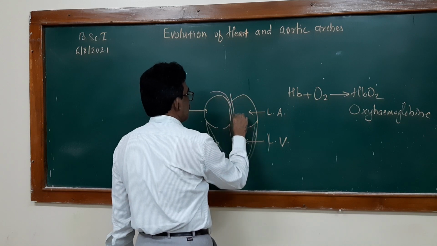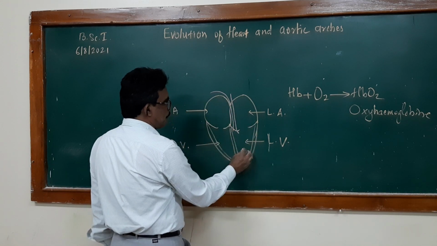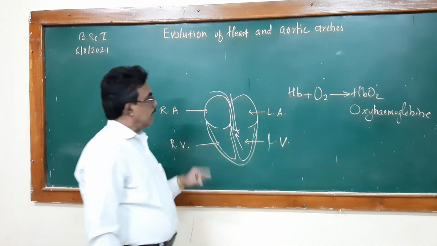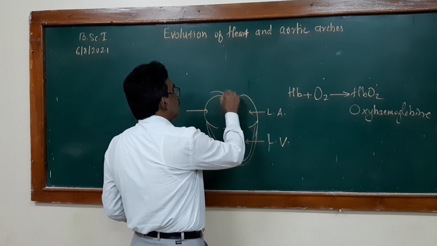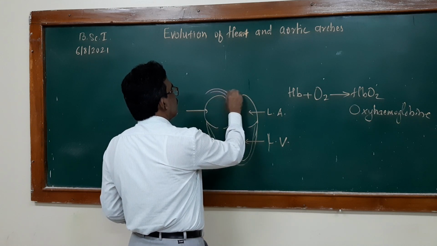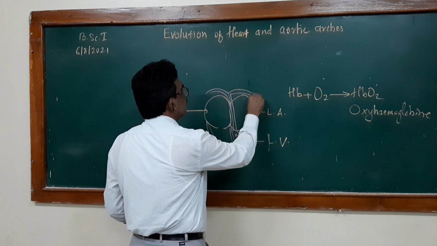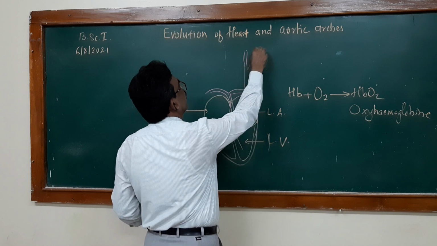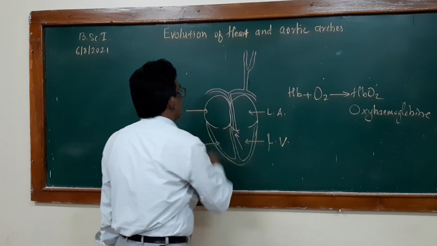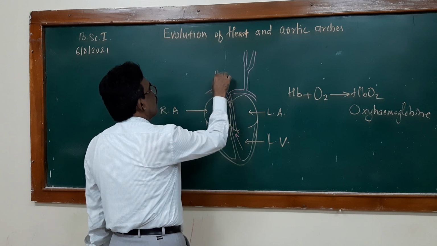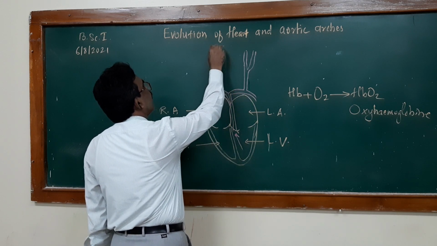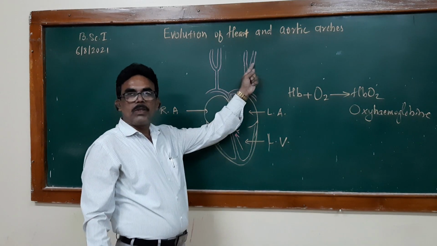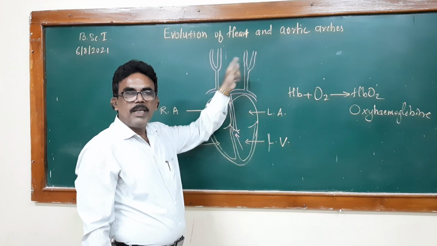From here, the systemic aorta is formed when the blood, the pure or oxygenated blood, is pumped from the left ventricle. It then passes through these branches, and towards the head side there will be the external carotid, the internal carotid, and this one is the common carotid. Likewise, on both sides there will be external carotid and internal carotid. One goes to the upper jaw and lower jaw, and one goes towards the brain.